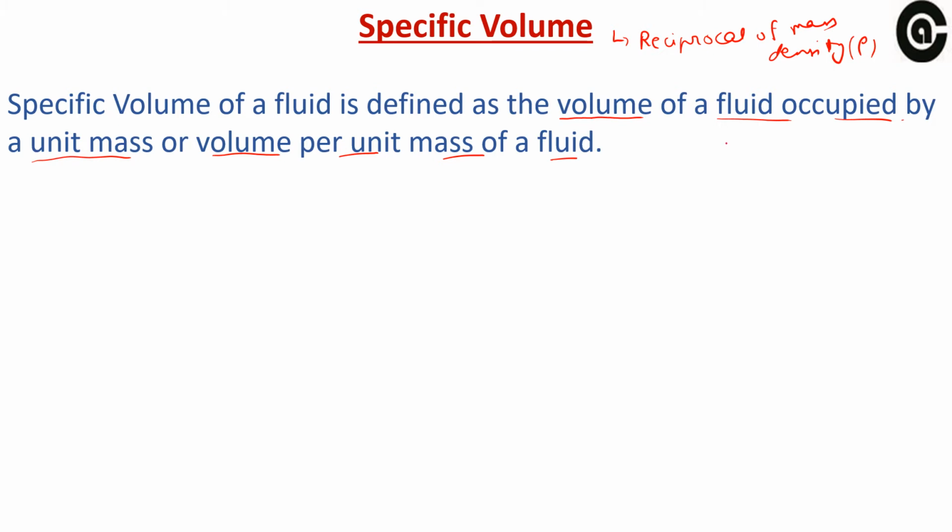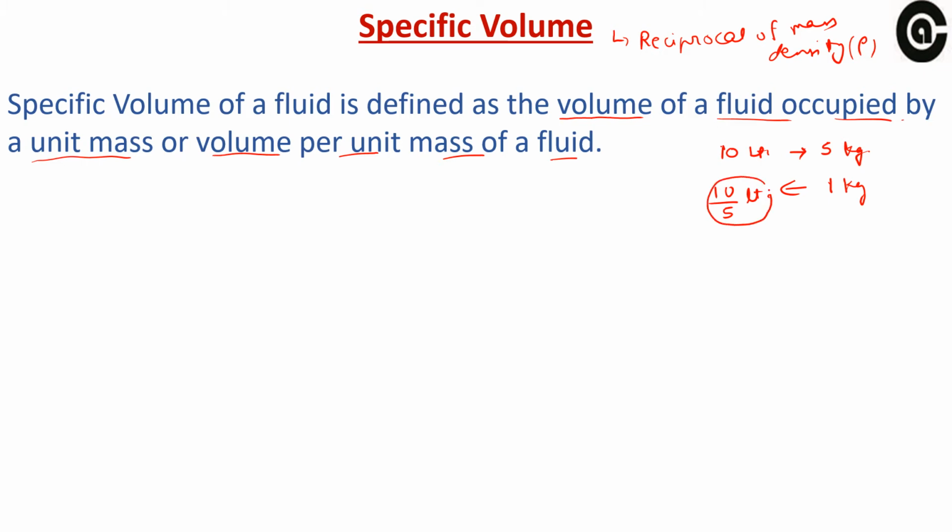So suppose in the previous case we have taken the example of 10 liters of fluid, which was containing 5 kilogram of mass. So 1 kilogram of liquid will occupy 10 by 5 liters of volume.